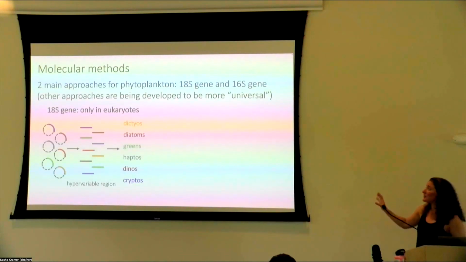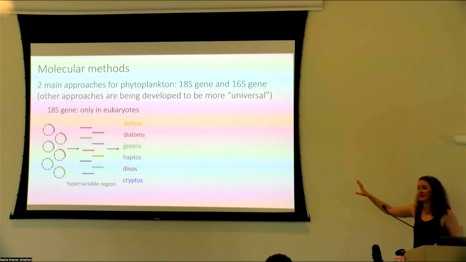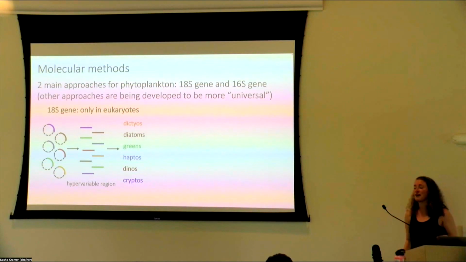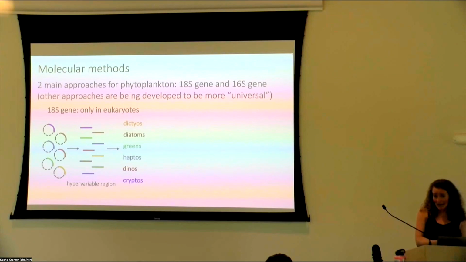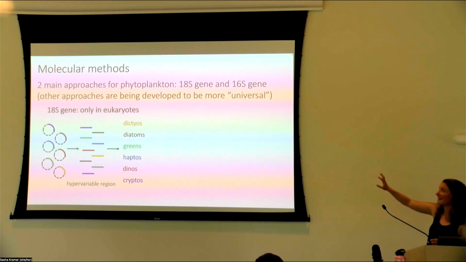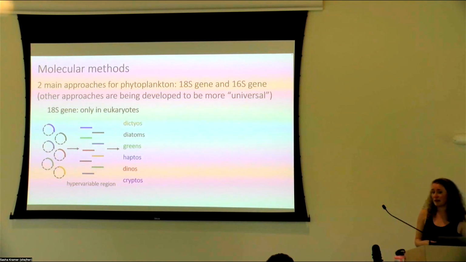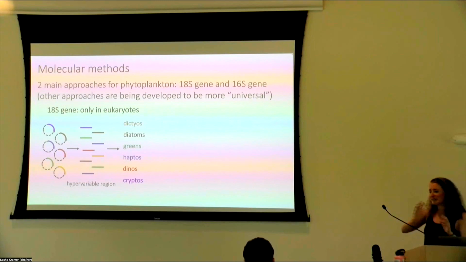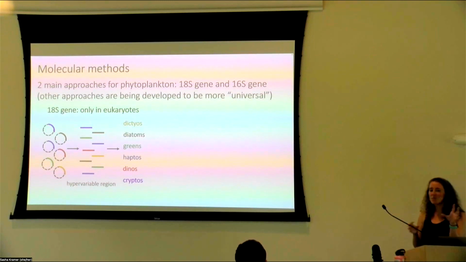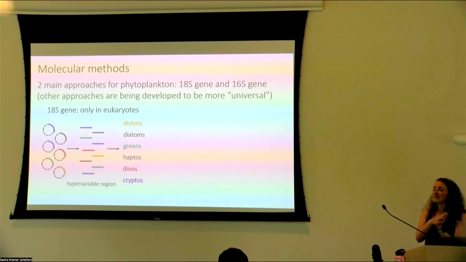So let's just talk about this really specifically for phytoplankton. These are not the only approaches, but these are the most common approaches that you'll find in a lot of different work being done right now, looking at phytoplankton ecology. So the 18S gene and the 16S gene are found in different groups of phytoplankton. As we talked about, different evolutionary paths, different ways that we got here. That means that the types of genes that different phytoplankton have can vary.